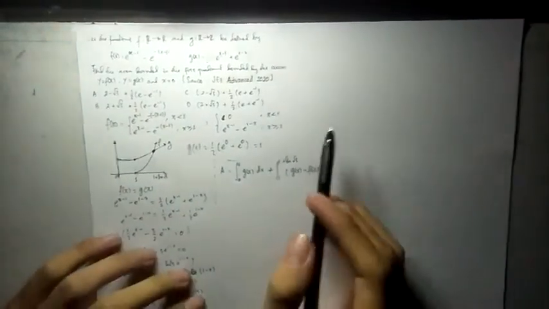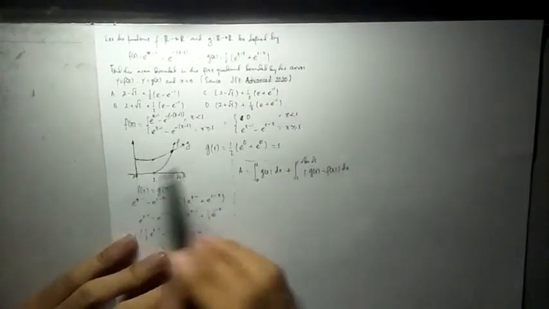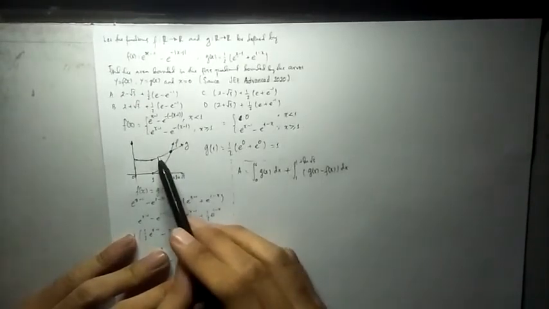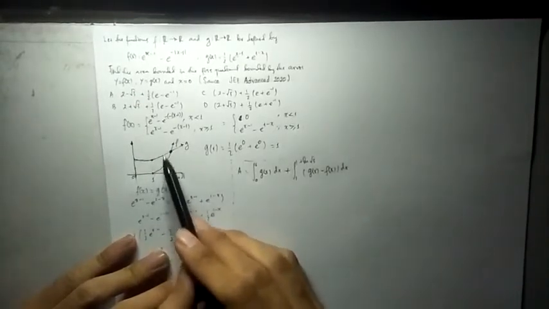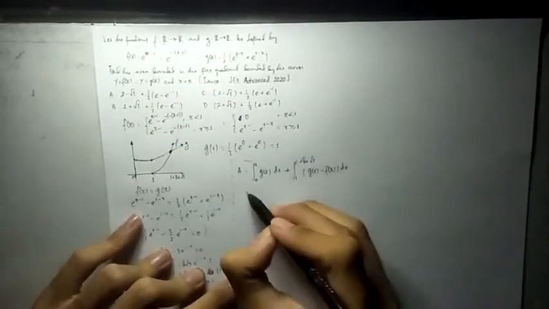If you look at the graph, this is just a rough graph, you notice that g(x) is actually greater than f(x). The curve is above f(x).